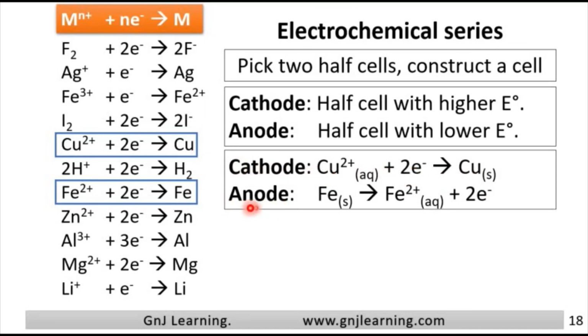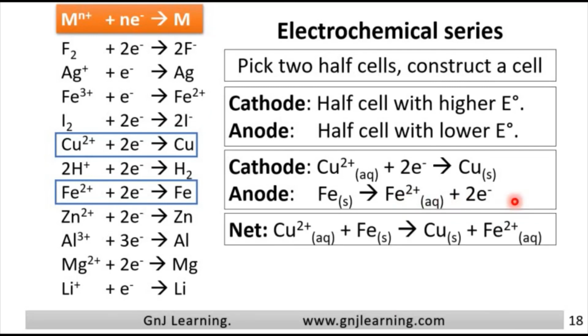On the anode it is the opposite of the given reaction, because here the reduction reaction is given, but on the anode it should be an oxidation reaction, where Fe is oxidized to Fe2+, giving out 2 electrons. So the net reaction: just add up the reactants, Cu2+ and Fe, the 2 electrons cancel out, and adding up the product side, you get Cu plus Fe2+. So you have the net reaction.